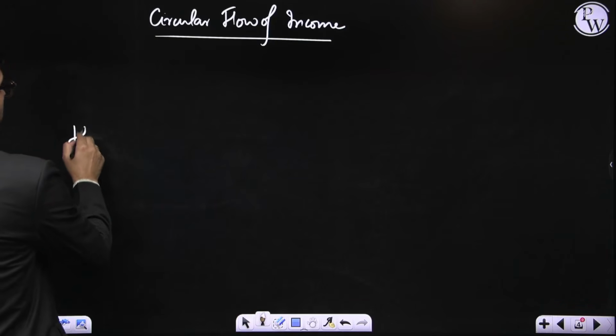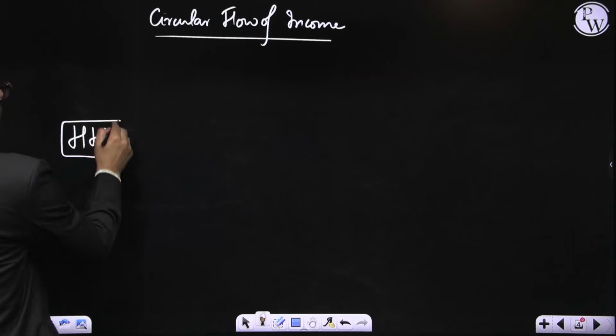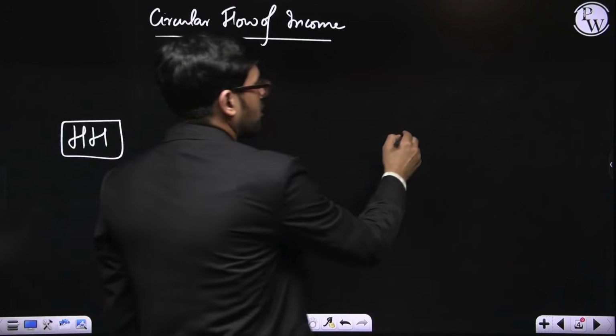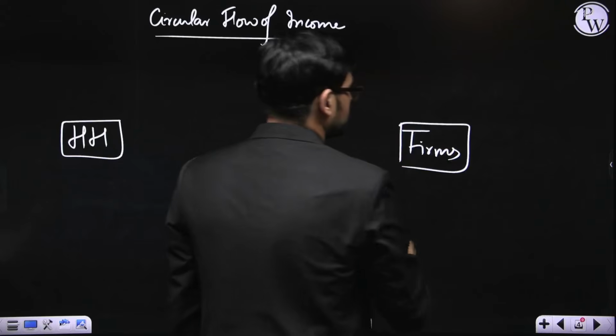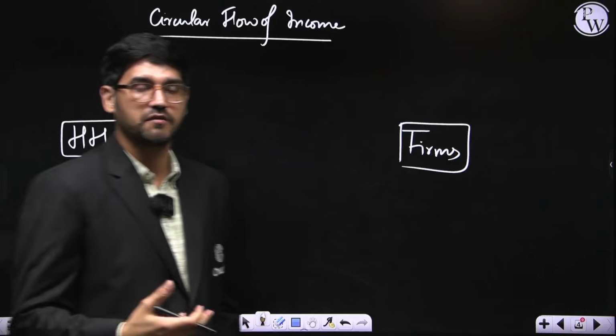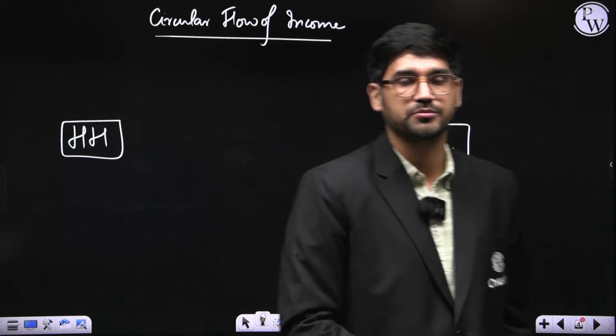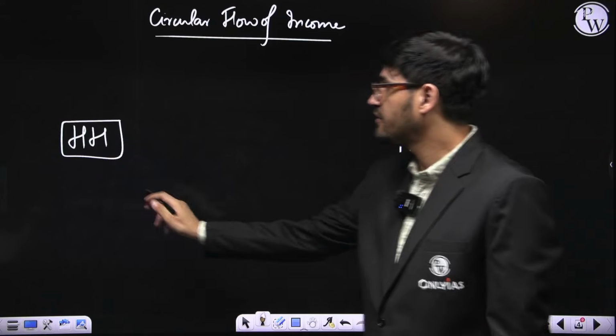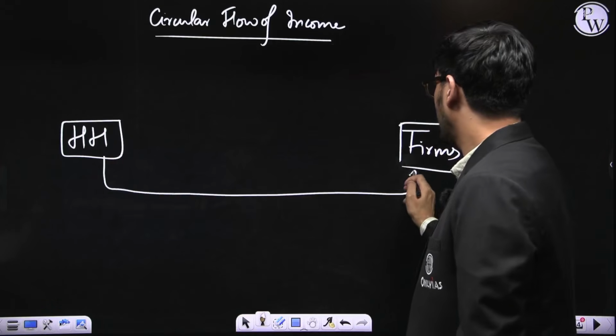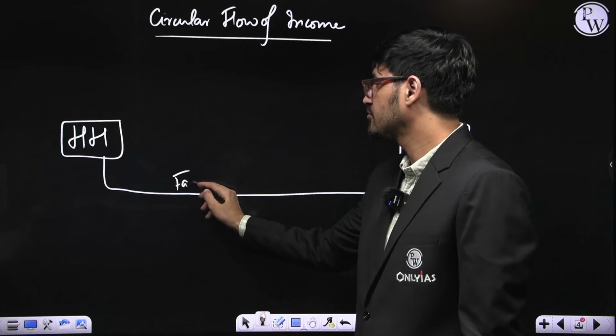One sector of the economy we will call households. Another sector of the economy we will call firms. Firms are tasked with the production of output. But for the production of output, firms will require something that we call factors of production.